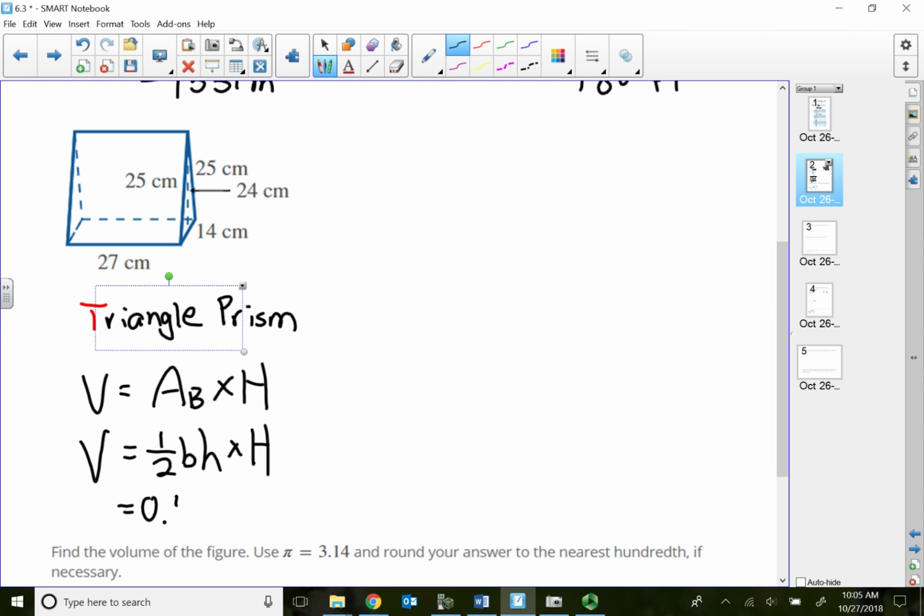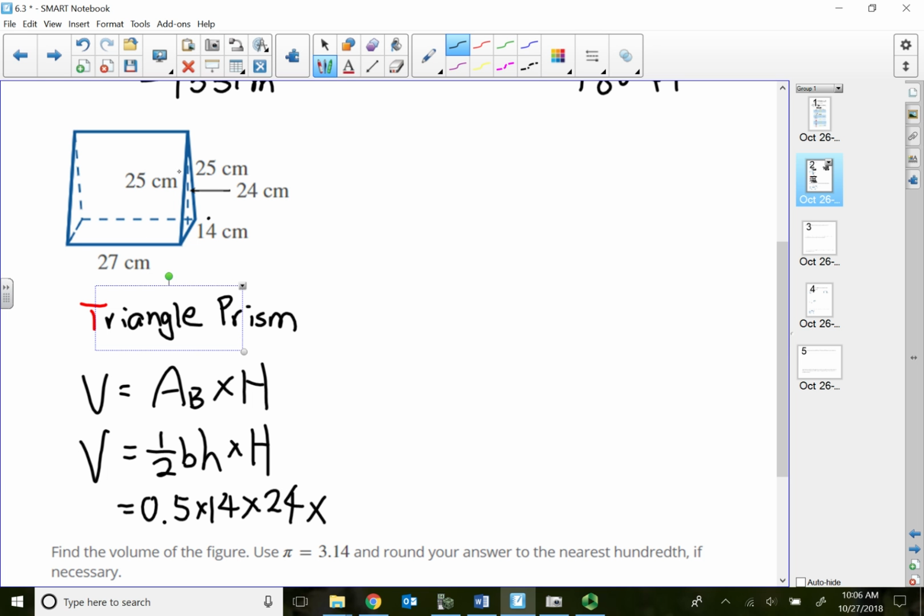So this is going to be 0.5 times the base here, which is 14, times the height up and down, which must be this 24. Then times the actual height of the entire prism or solid.